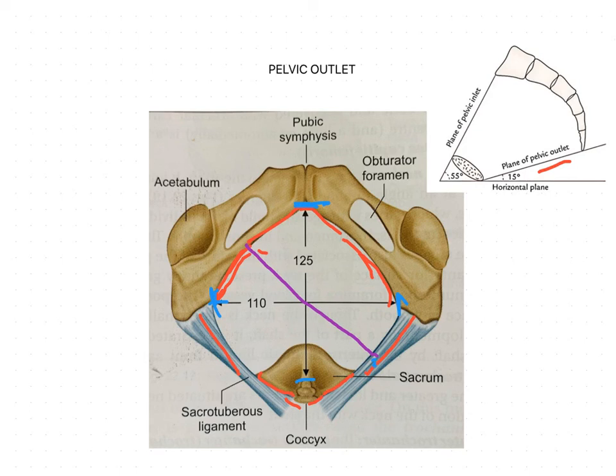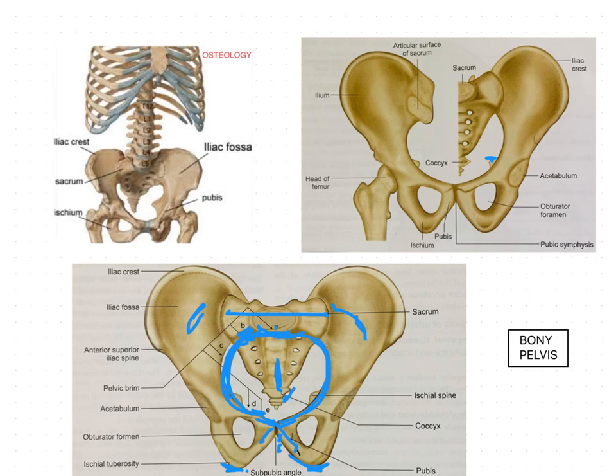Now some measurements used in obstetric practice. You have to look at the pelvis again. Three diameters are mentioned here. One is the diagonal conjugate.